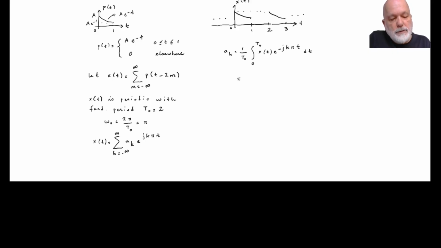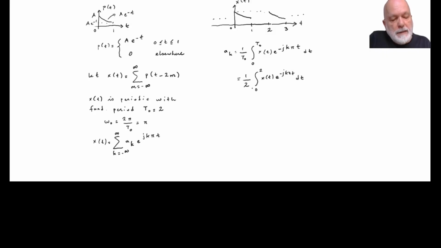Now T0 is 2, and we integrate from 0 to 2 x of t e to the minus j k pi t.